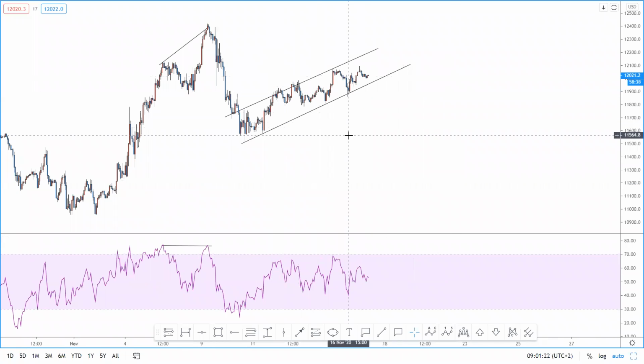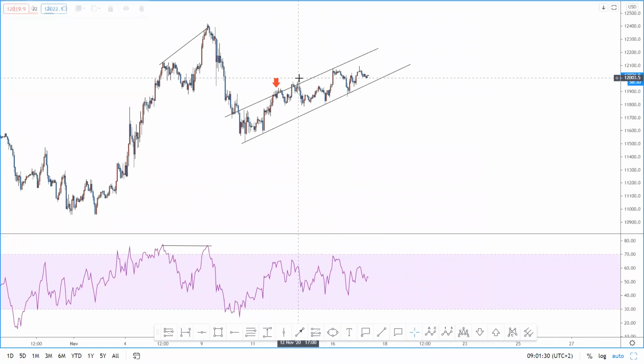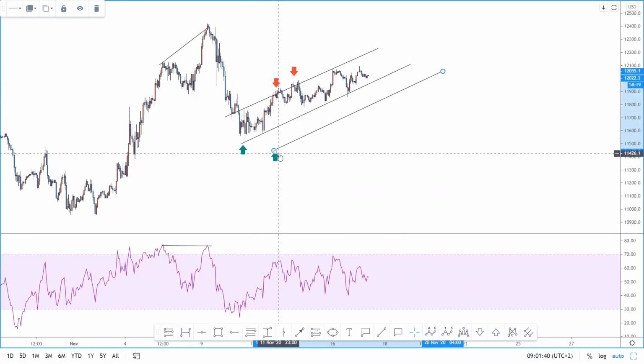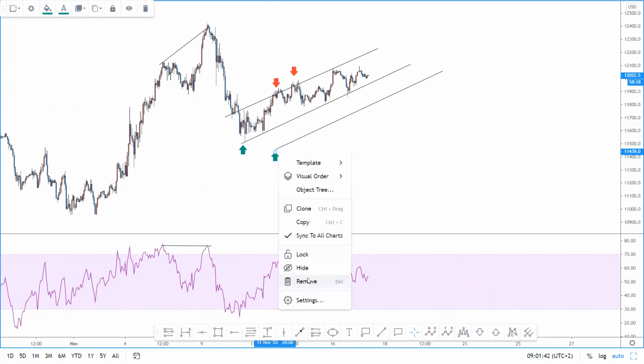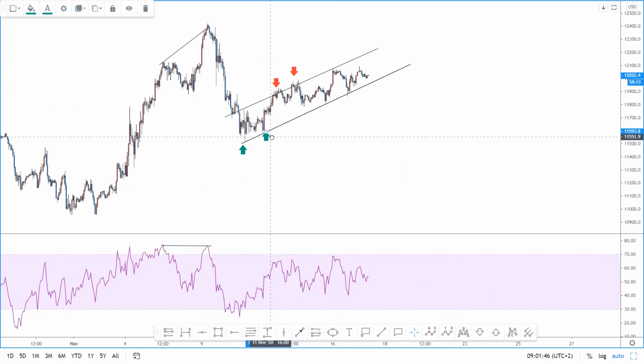And the price is currently moving within the channel. You can see the price creating higher highs and higher lows, as you can see.